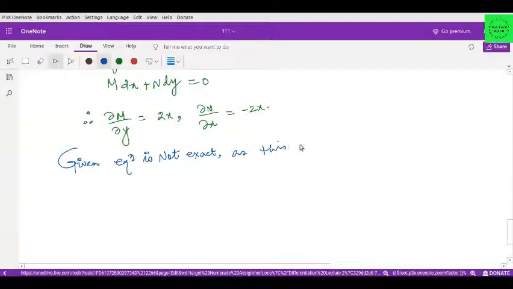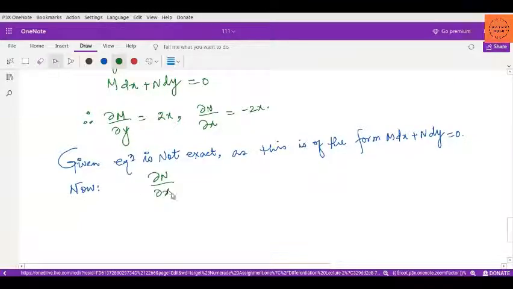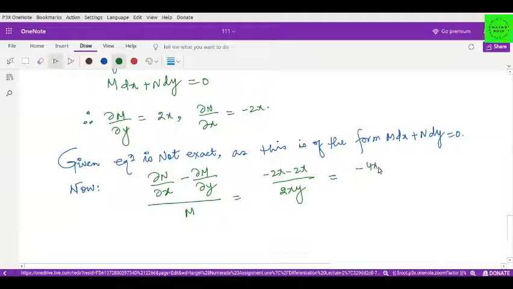as this is of the form M dx plus N dy equals 0. So now we have dou N upon dou x minus dou M upon dou y upon M, that equals minus 2x upon 2xy, which is equal to minus 4x upon 2xy, and this is equal to minus 2 upon y.